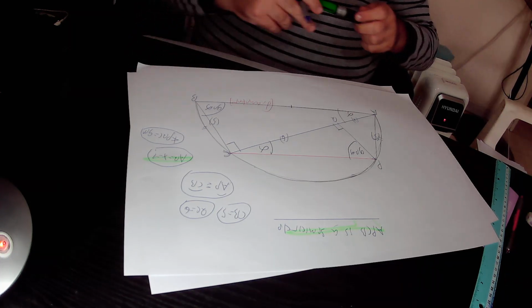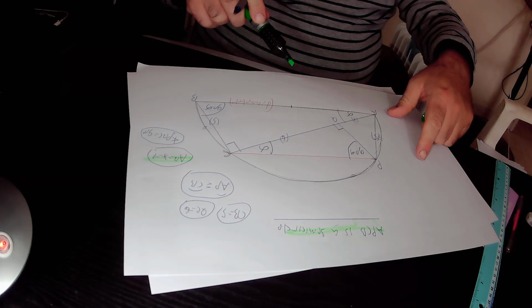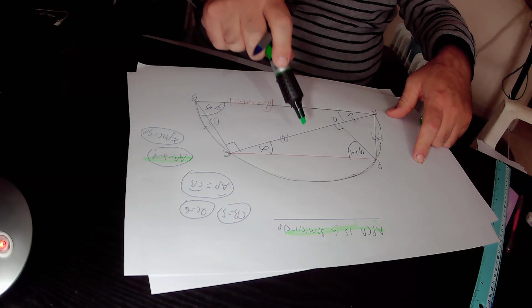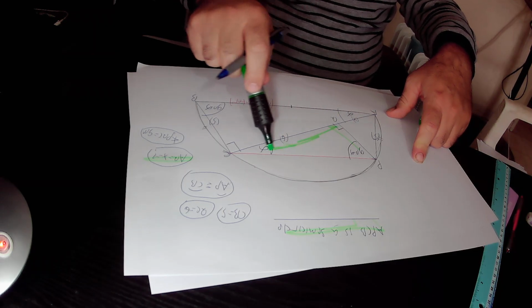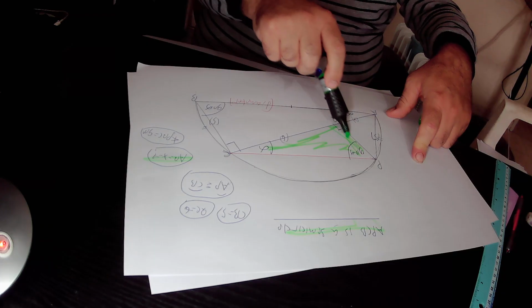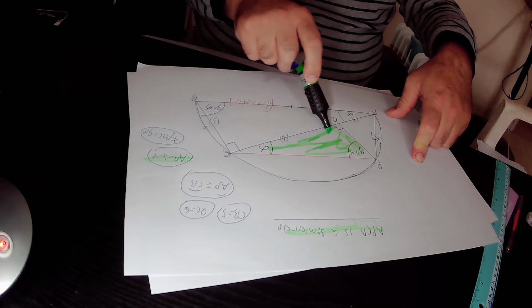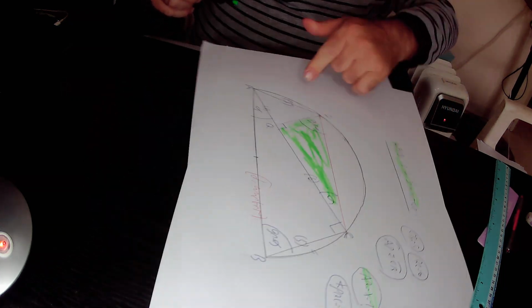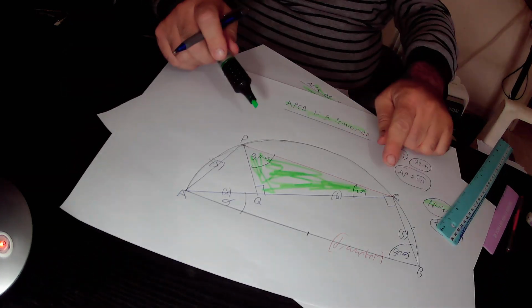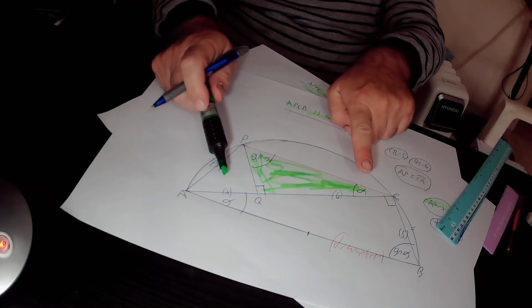It's very easy to see that this right triangle PQC is similar to this right lower triangle ACB.